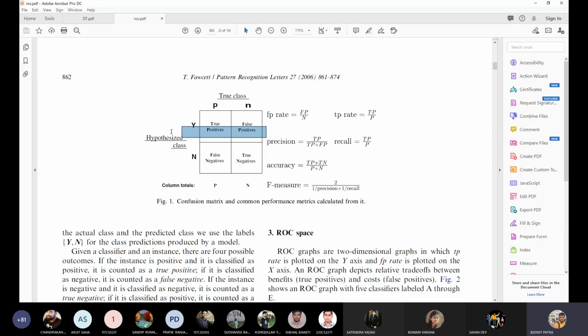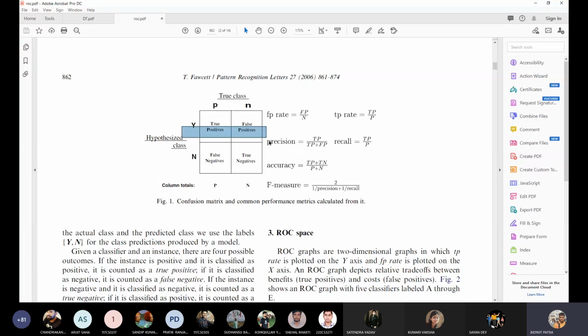So precision is nothing but true positive divided by true positive plus false positive.